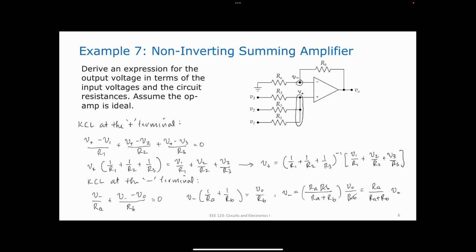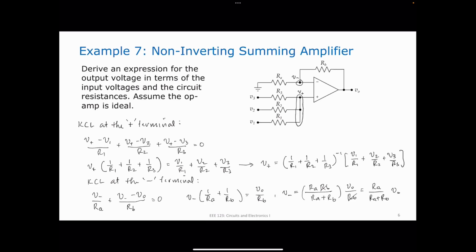V sub O times RA over RA plus RB, that is my V minus, is equal now to V plus.